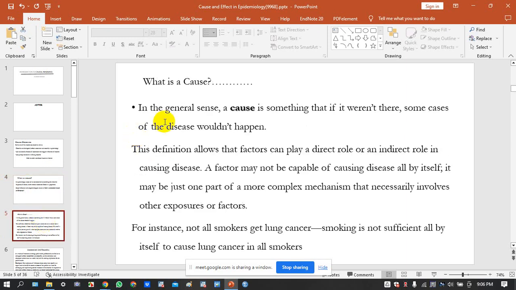Okay, so we are still on cause. In the general sense, when we say a cause, it's something that if it weren't there, some cases of the disease wouldn't have happened. For instance, the cause or predictor or risk factor or exposure, if it weren't there, then you wouldn't have contracted the disease.